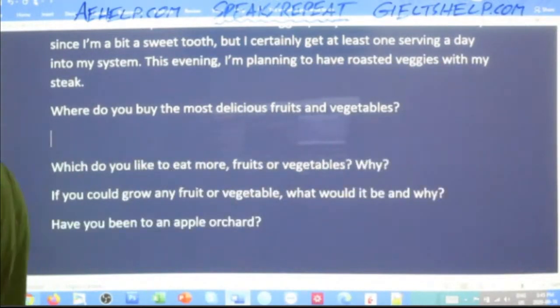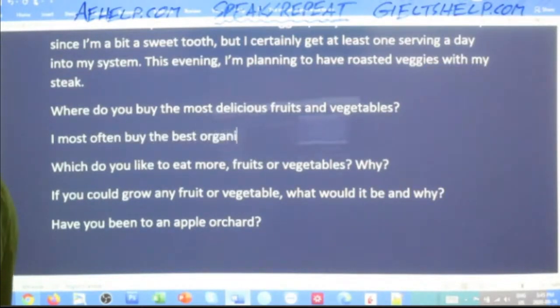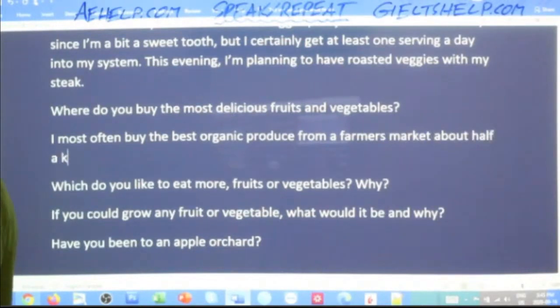So I most often buy the best organic produce from a farmer's market about half a kilometer from my home, called Lehel Market.